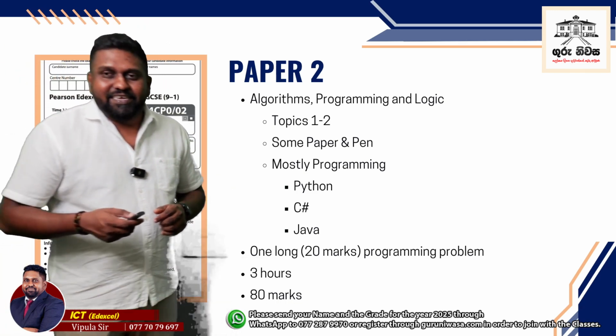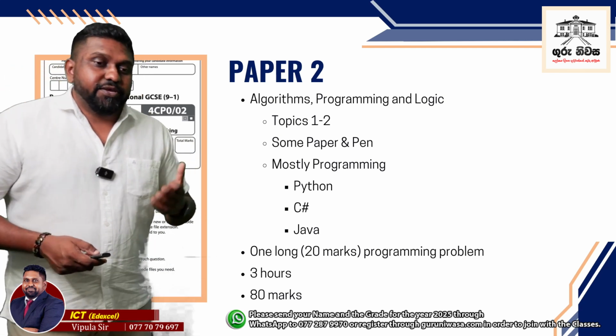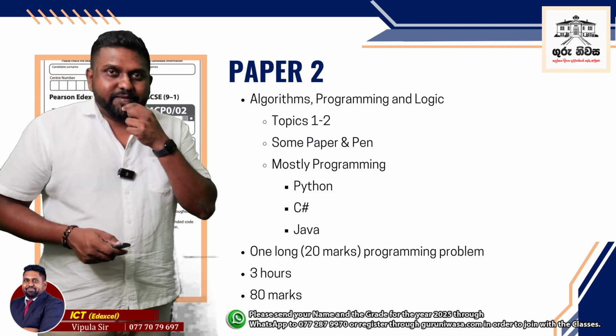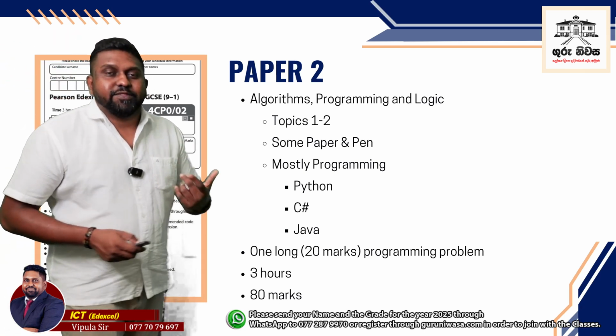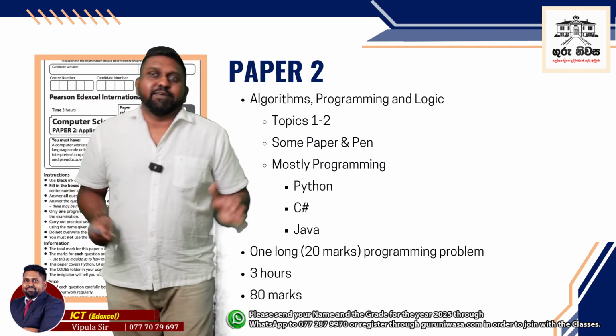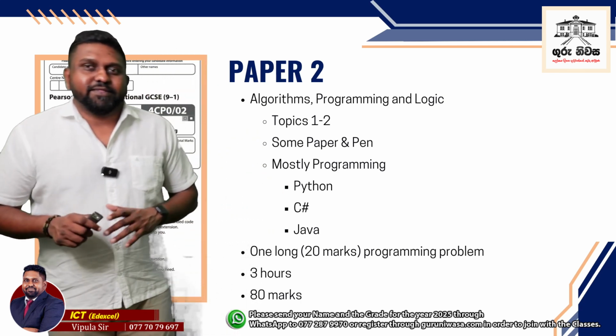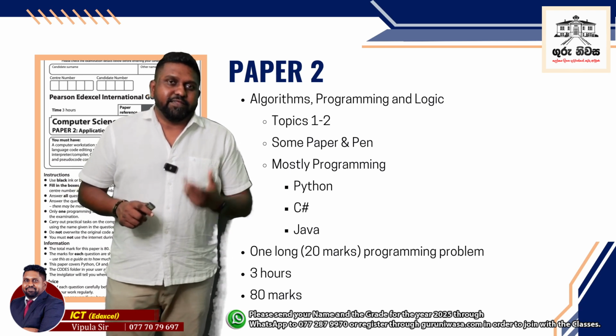And then lastly, you get one long 20-mark problem, which is the trickiest thing, where you will be given a case study and asked to build the code. So this is what we need to practice a lot, because we need to try out these questions and understand how to write them.